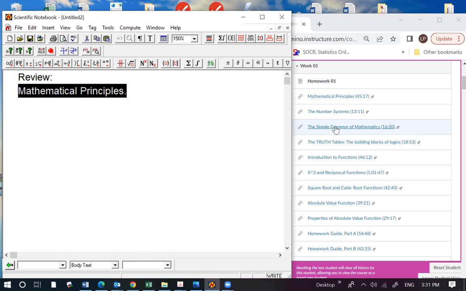We talk about how there are only 2 kinds of sentences in mathematics. One is a statement, the other one is an if statement. We study the truth table, and we talk about functions. From there, we start talking about familiar functions.